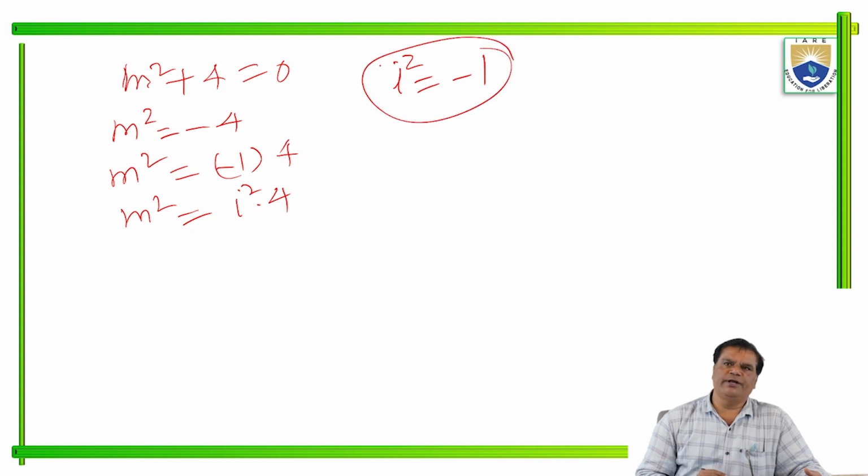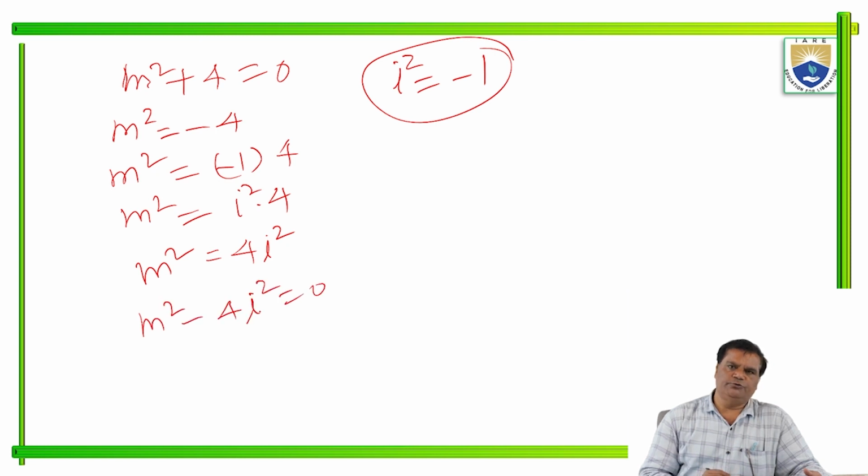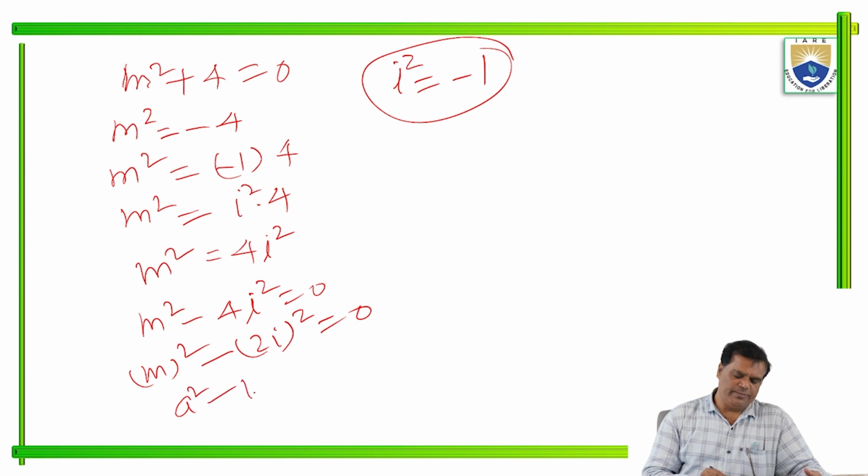So this is 4i square. So m square minus 4i square equals 0. So m square minus 2i whole square equals 0. This is a square minus b square, which equals a plus b and a minus b.